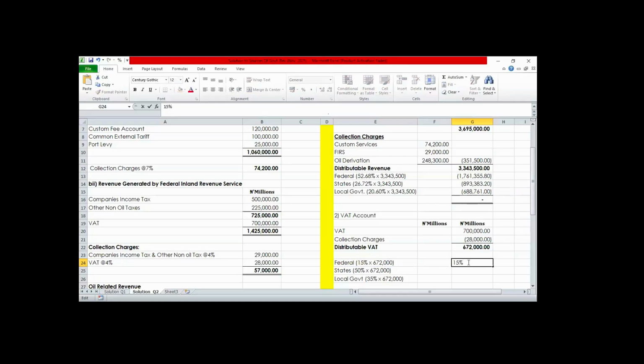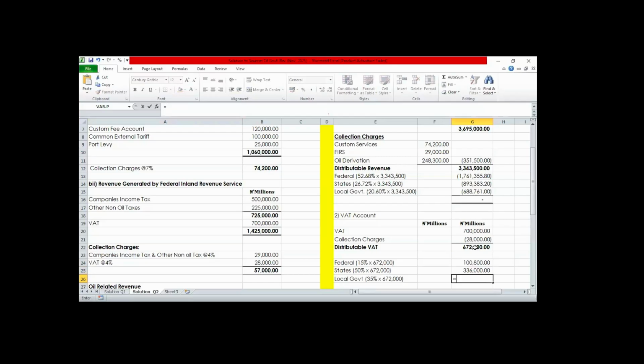Percent times 672,000 gives 100,800. Fine. Then the next one is 50%. Give me the figure. 336,000.